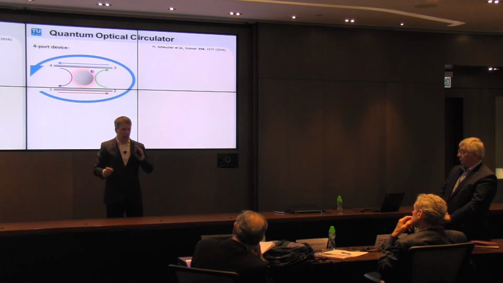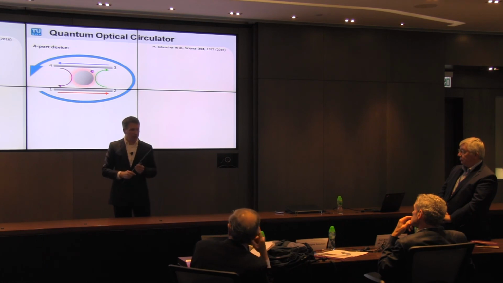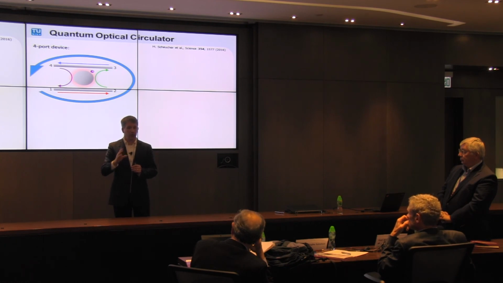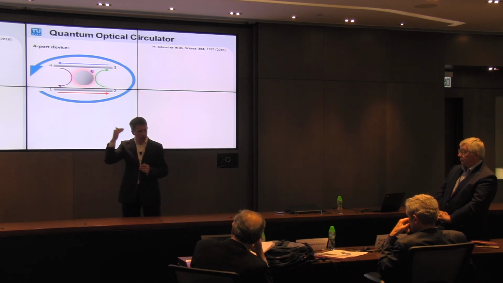For that you need the pulse to be sufficiently narrow band to interact resonantly with the atom-resonator system and sufficiently faint such that you don't have two photons arriving at the same time, because otherwise this nonlinearity that I showed would kick in.